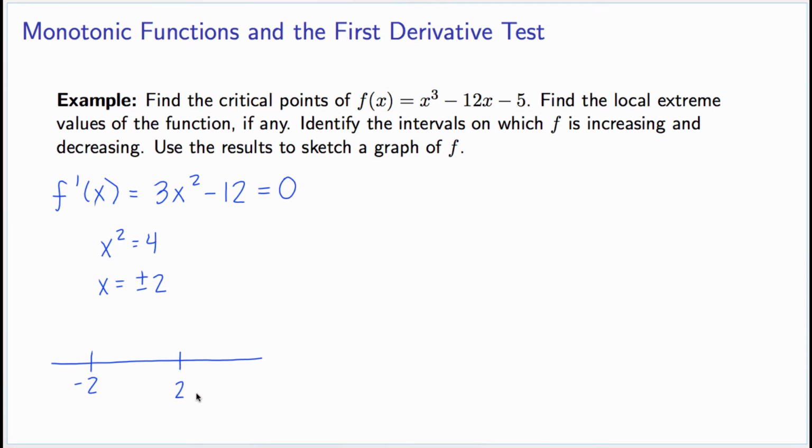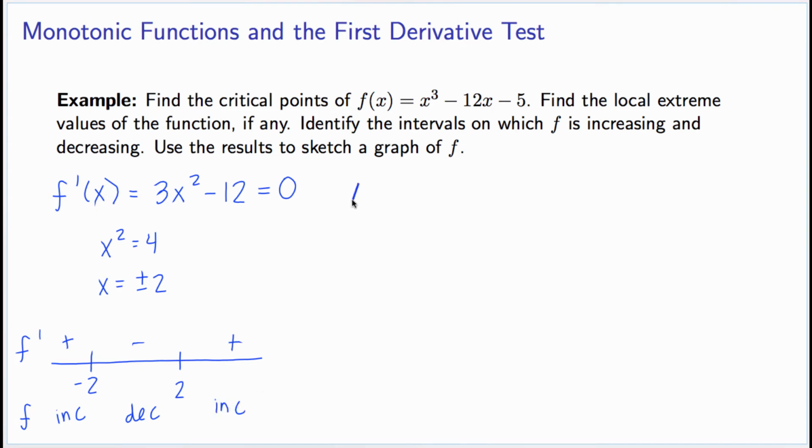We found the sign of f prime to figure out what that tells us about the behavior of f. We plugged in a number less than -2, for example -4, and we got that f prime was positive here, so f is increasing. In between -2 and 2, if we plug in 0, we see that f prime is negative. So we're decreasing, and then bigger than 2, f prime is positive, so we're increasing.